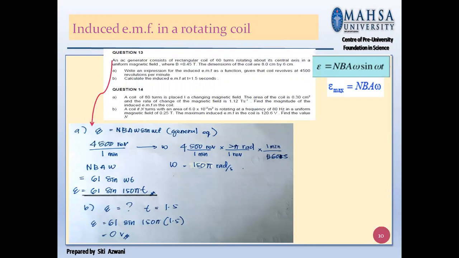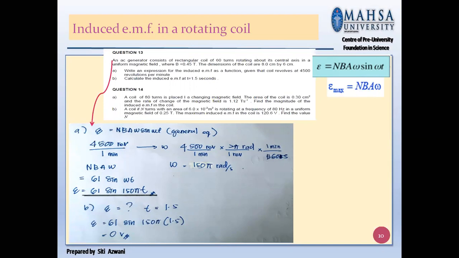The equation for the induced EMF is E equal to NBA omega sine omega t. Rotational motion, so you have a term of omega. If you want to calculate the induced EMF at the maximum point, the equation is NBA omega only.